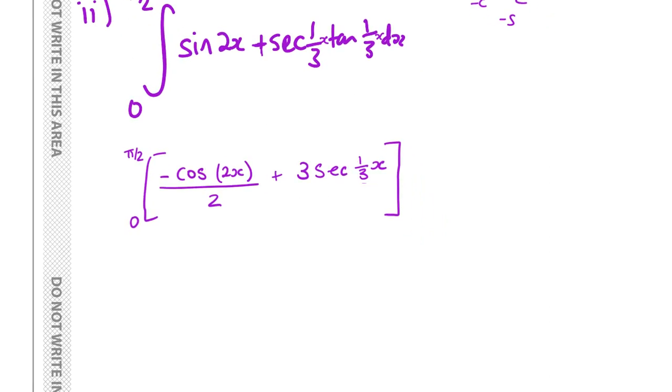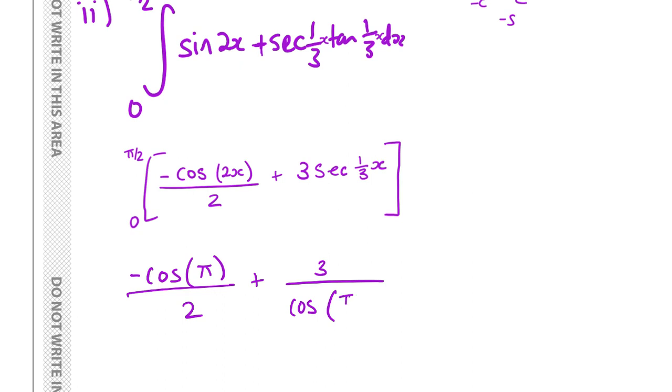Now I'm going to substitute in everything. So minus cos of 2 times pi over 2 is pi, all over 2, plus 3 lots of sec, which we know is 1 over cos, so I'm going to go 3 over cos of a third times pi over 2 is pi over 6.